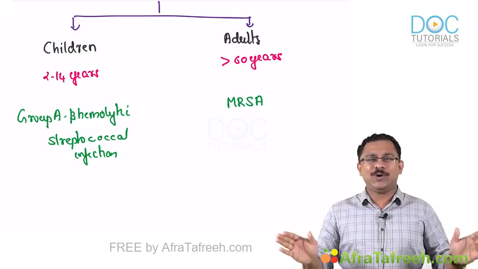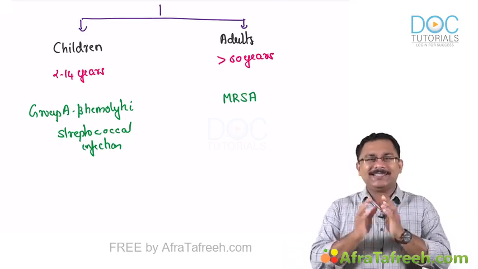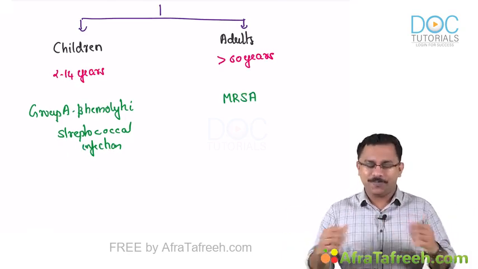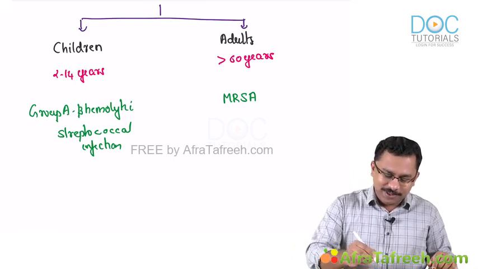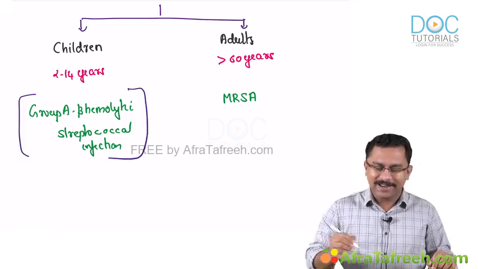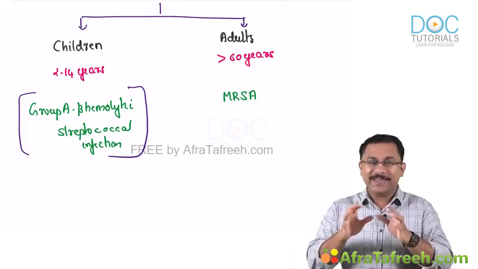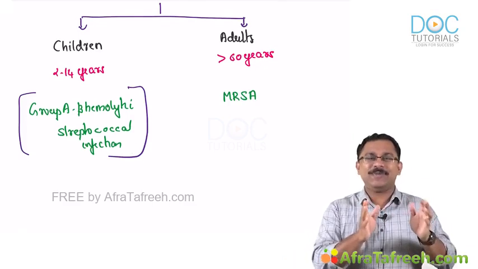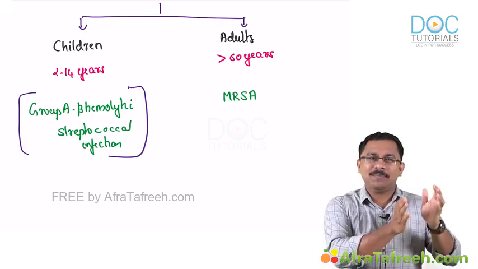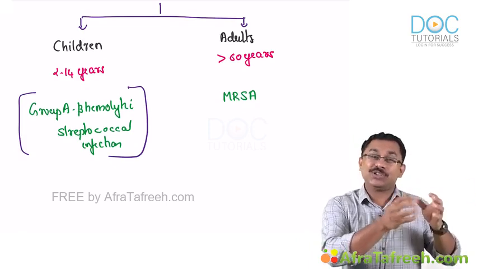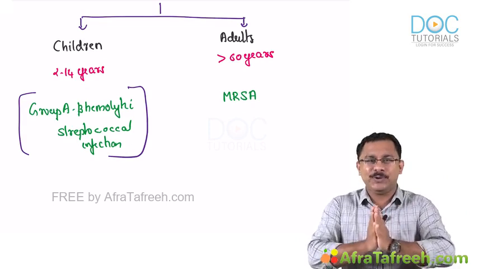Now let's try to understand this a bit more. The first group, children, is mainly because of streptococci, which means this is the actual PSGN group, post streptococcal glomerulonephritis group.